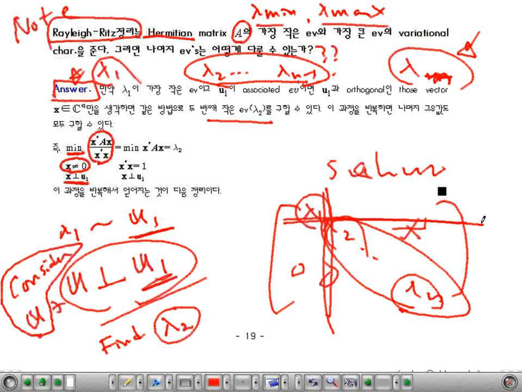Then, as you see, this is a direct sum because u is unitary diagonalizable. This block and this block have totally different structures. It's like a direct sum.